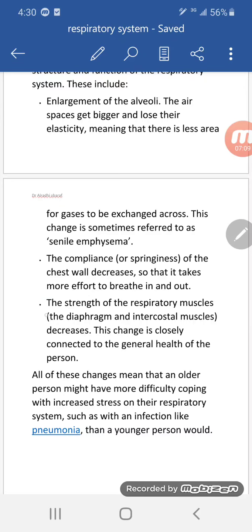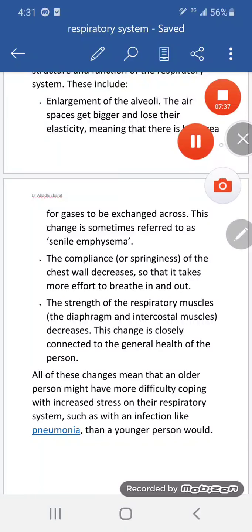The third difference when you become older is that the strength of the respiratory muscles decreases. This change is closely connected to the general health of the person. All of these changes mean that an older person might have more difficulty coping with increased stress on the respiratory system, such as with an infection like pneumonia, than a younger person would.